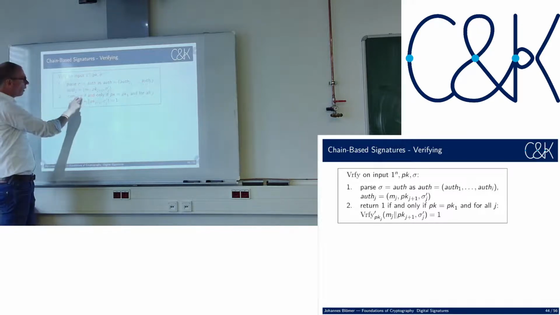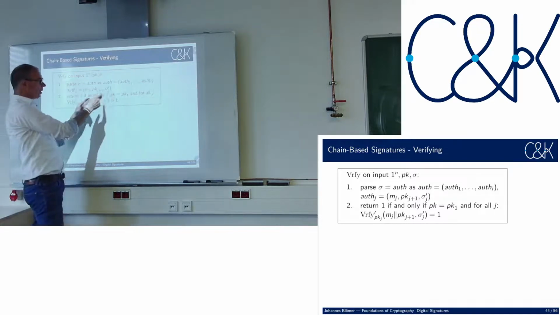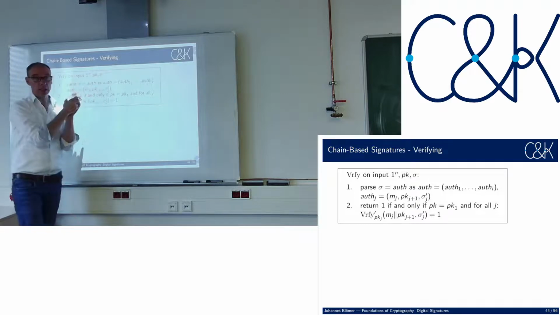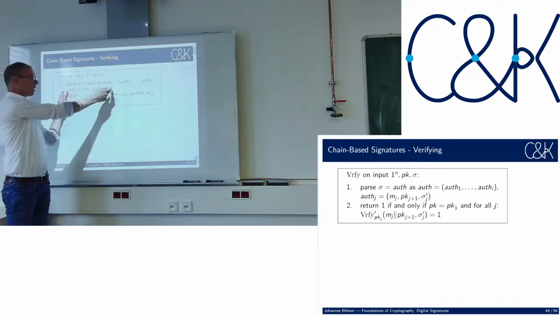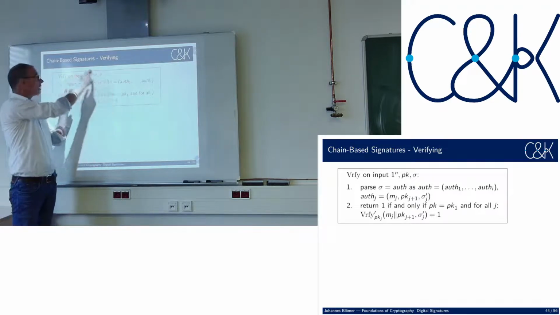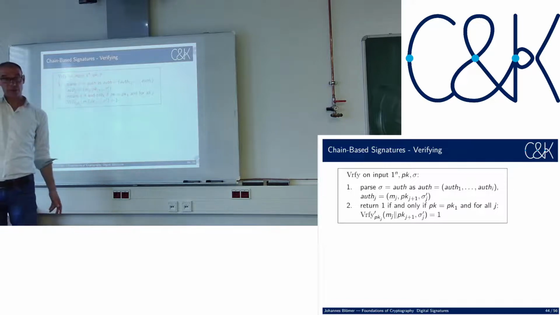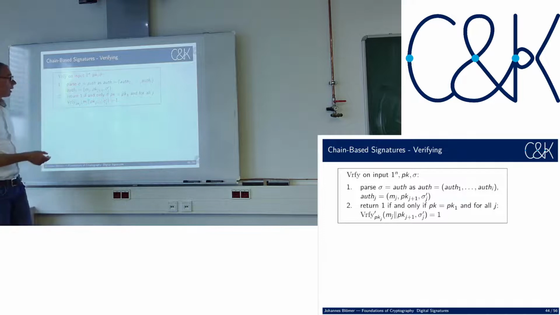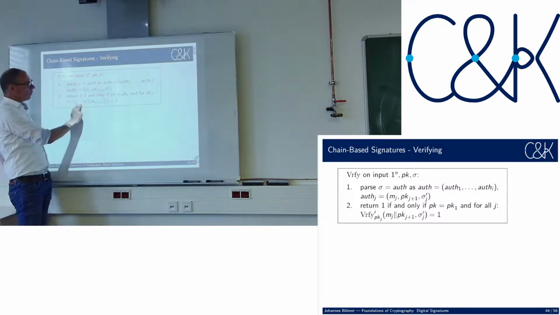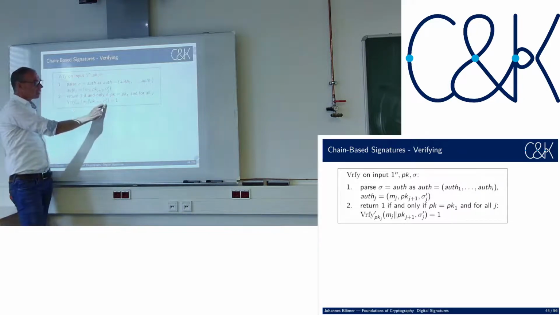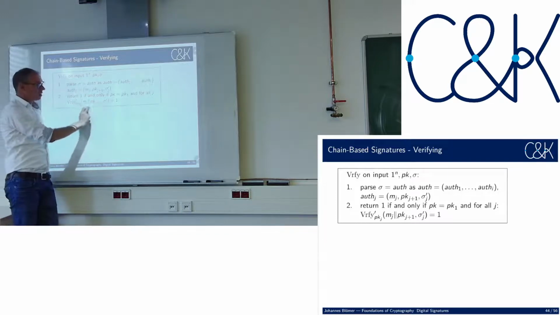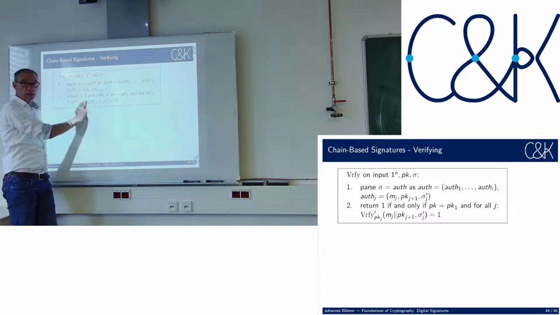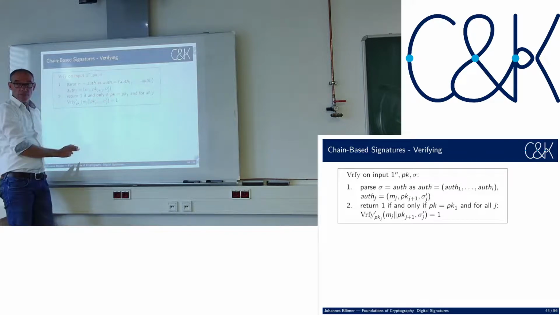So return 1 if and only if the first public key in that list is the public key of the overall signature scheme, and for all j, you check that this signature verifies this message here, the combined message, the concatenation.